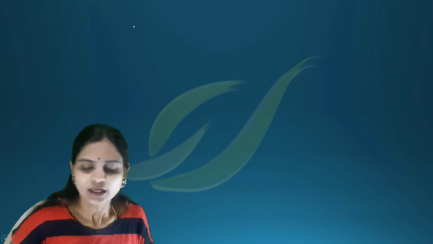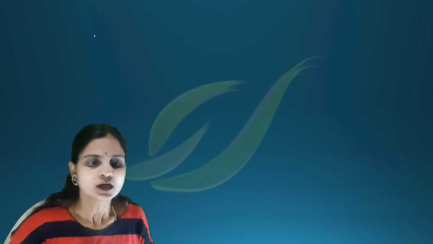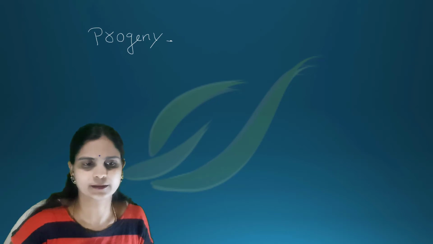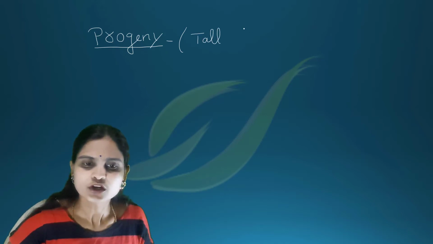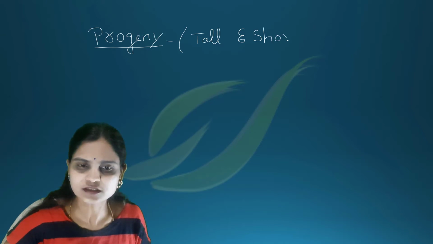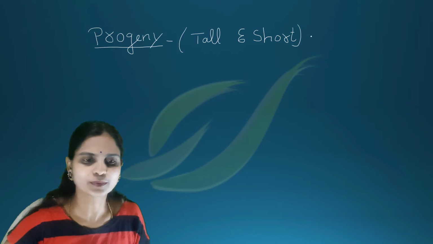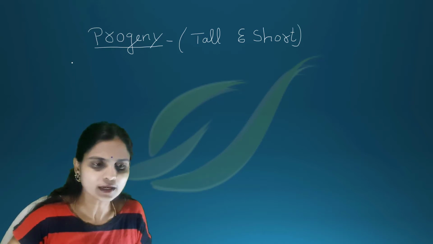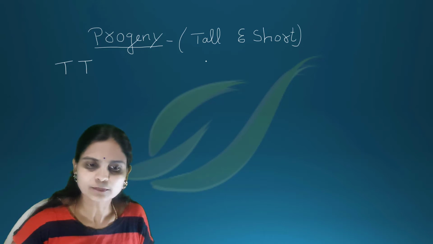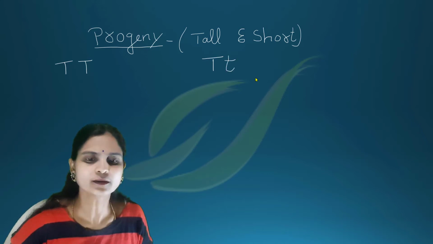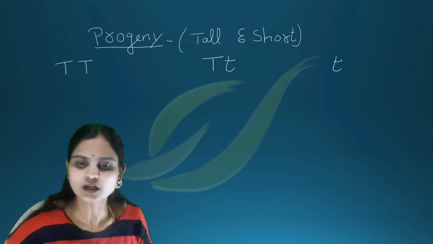We all know that in the progeny of a monohybrid cross, imagine we are talking in general, if you cross tall and short plants, in the progeny you may sometimes get tall plants with capital T, or heterozygous tall, capital T and small t, or sometimes small t.